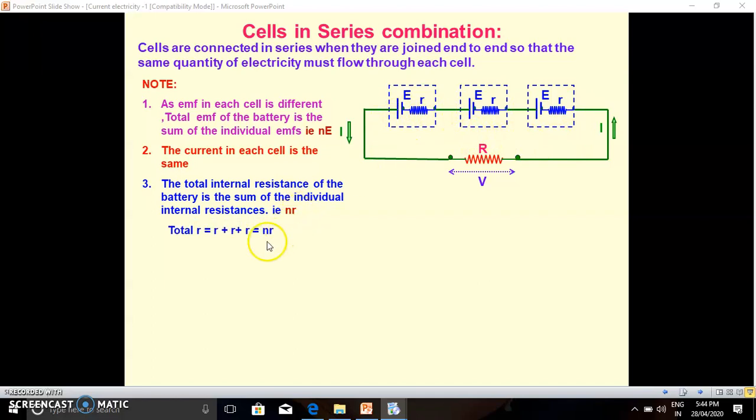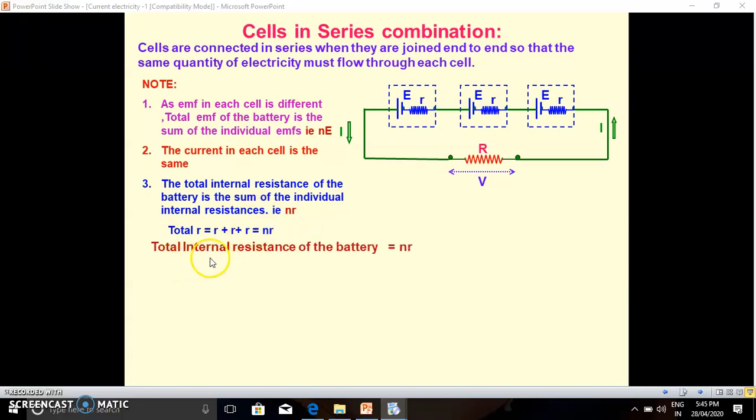Here we can apply resistances connected in series. So total resistance R is equal to r plus r plus r, that is R1 is r, R2 is r and R3 is r, because each and every cell has the same internal resistance. So the total combination resistance is nr.